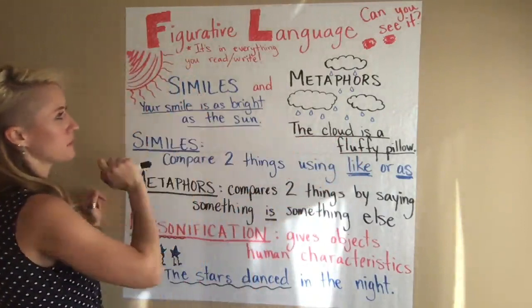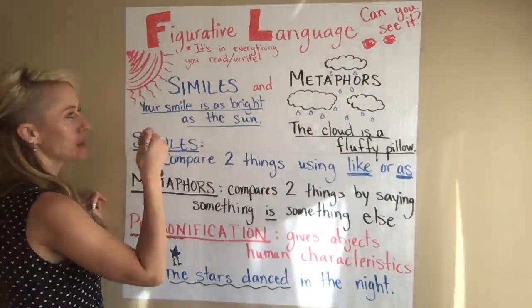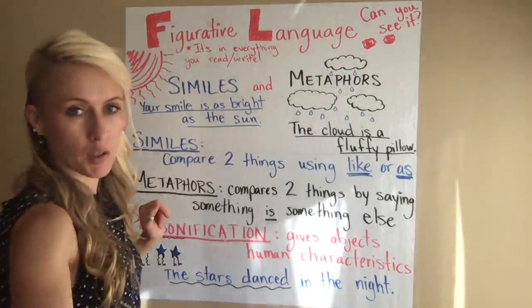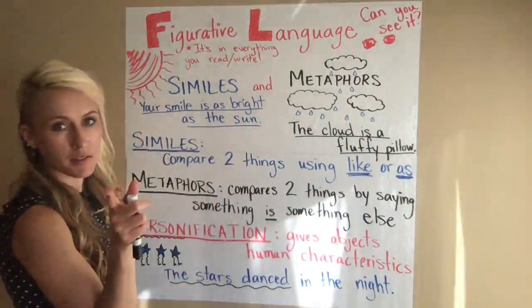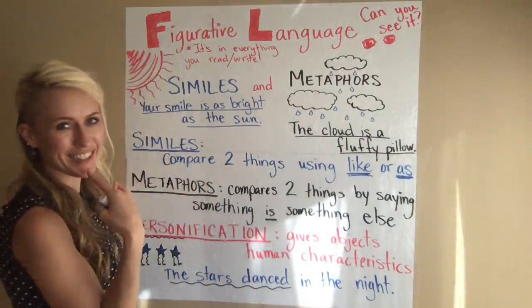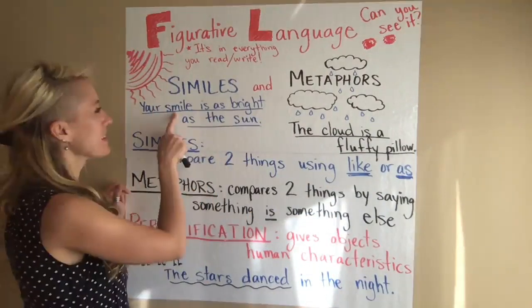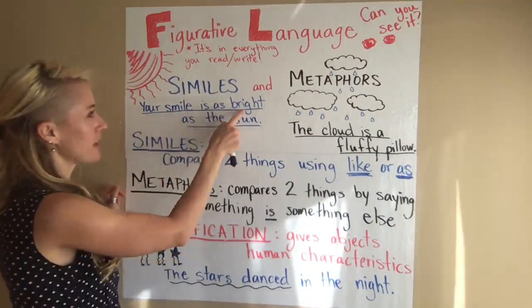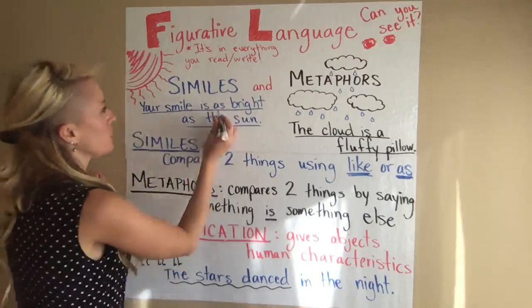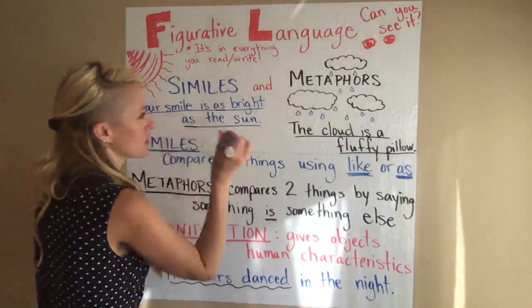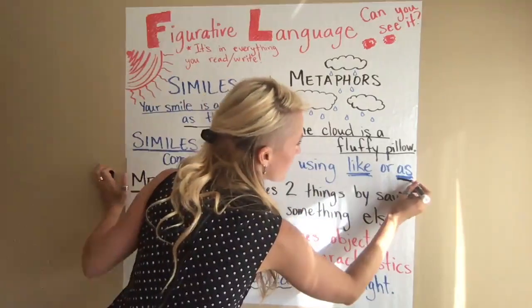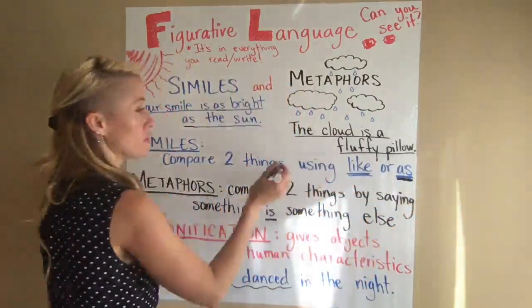Now, simile. Simile compares two things, like or as, is what we're looking for, right? So your smile, let me see it. Your smile is as bright as the sun. So what do we see here? We see as and as. And what do we remember? That similes always use like or as.